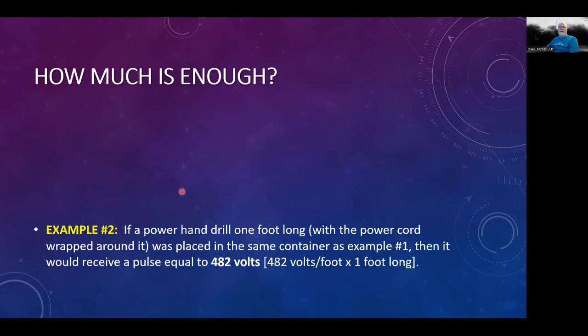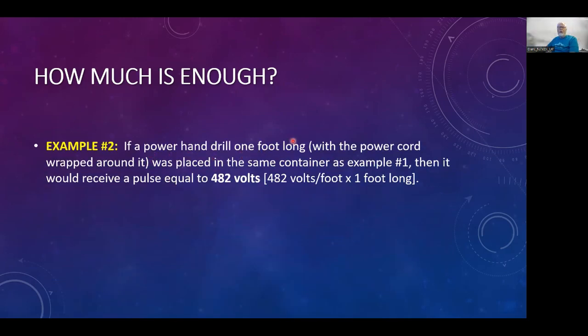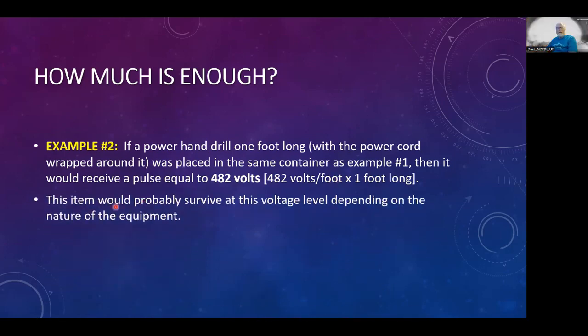Example 2, we have a 1-foot power drill with the power cord wrapped around it. It's placed in the same container, with 30 dB attenuation. It would receive a pulse equal to about 482 volts, which is 482 volts per foot times one foot long. And this item would probably survive that voltage level, depending on the nature of the equipment.